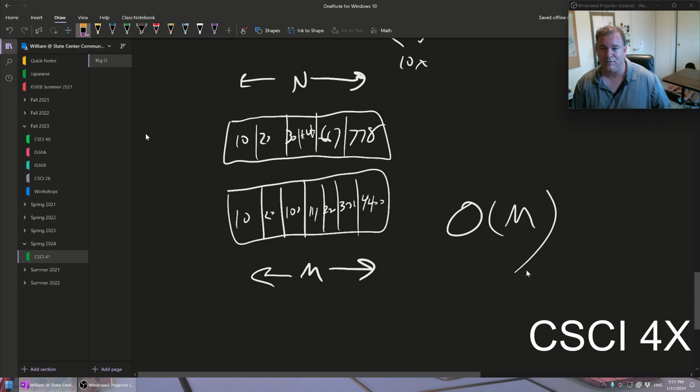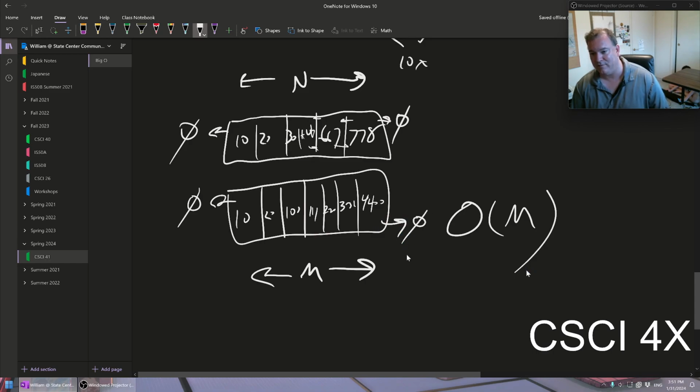If you had something called a linked list, which is what we're going to be talking about next week, with a linked list you have pointers connecting all of the elements. They're all pointing at each other. The last element points at null, and the first element points at null. And so you can combine lists together very easily.